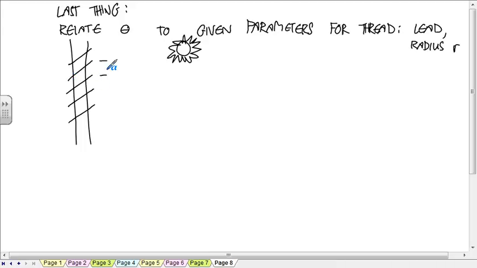The lead is how much higher are you the next time you see the sun? Like the next time you get to that side of the screw, how much altitude change do you have? So that's the lead.